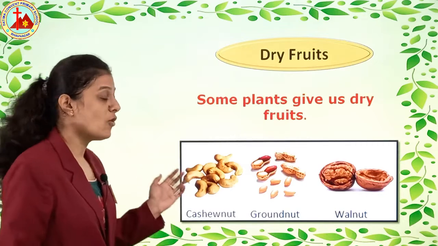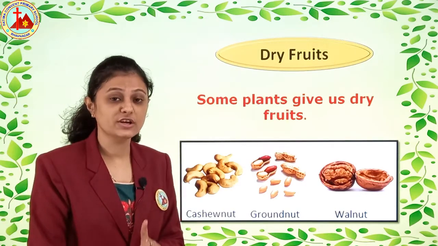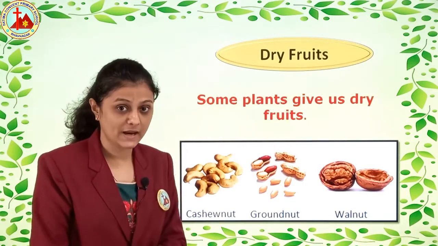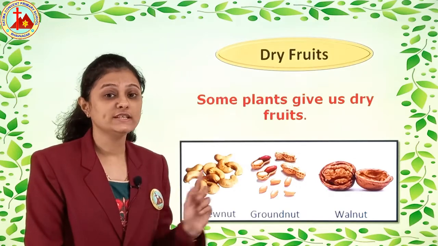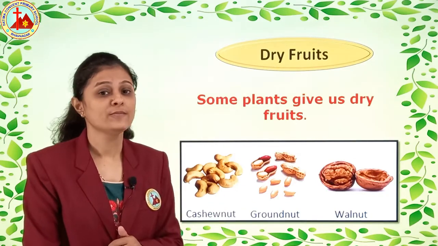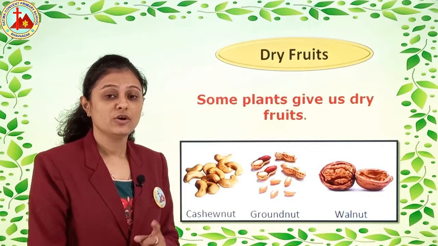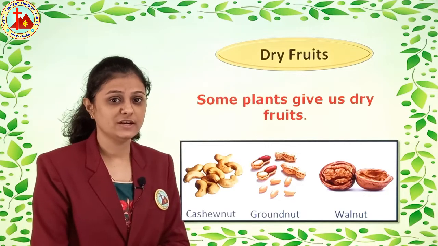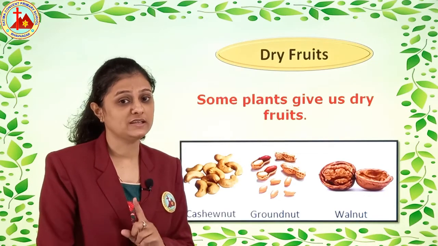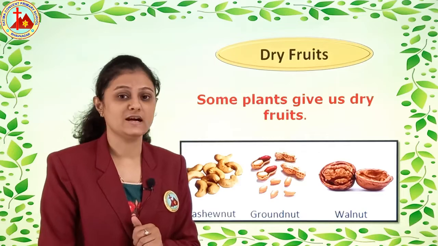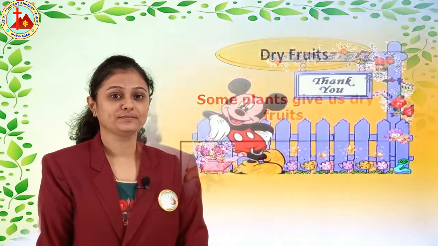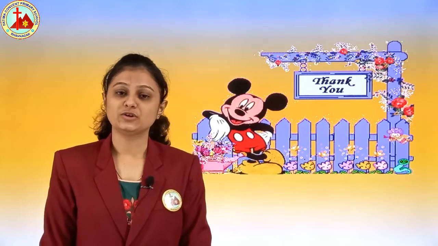Now all these dry fruits, you know children, you get from plants. So every morning when you eat the dry fruits, you all remember you get these from plants. Very good.